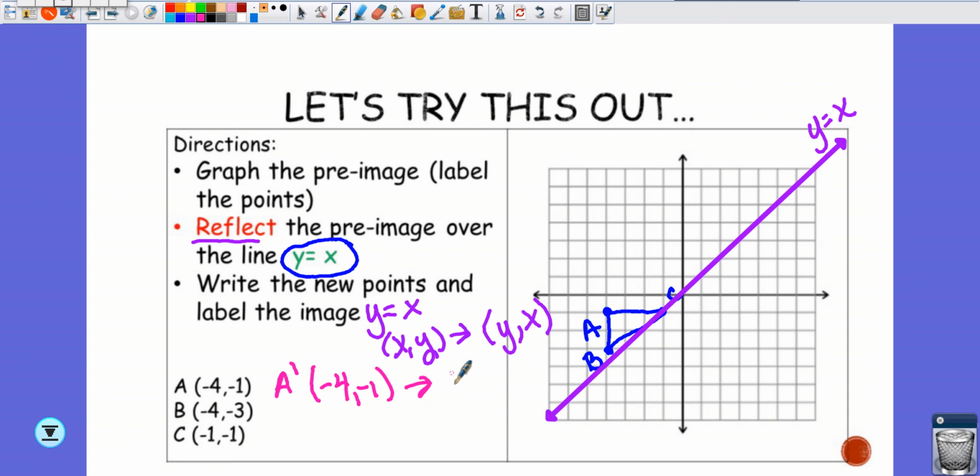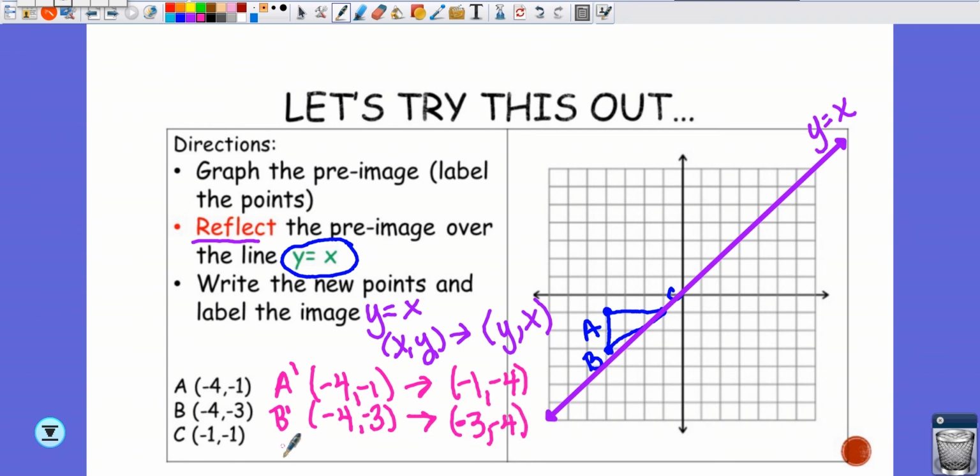So it would be -1 and -4. I don't do anything to the points other than just switch them. So if I do B prime, then I would take -4 and -3, and that mapping would be to just switch them, -3, -4.